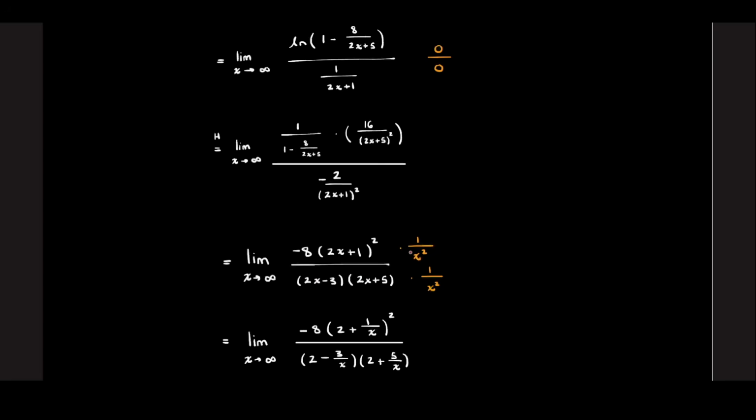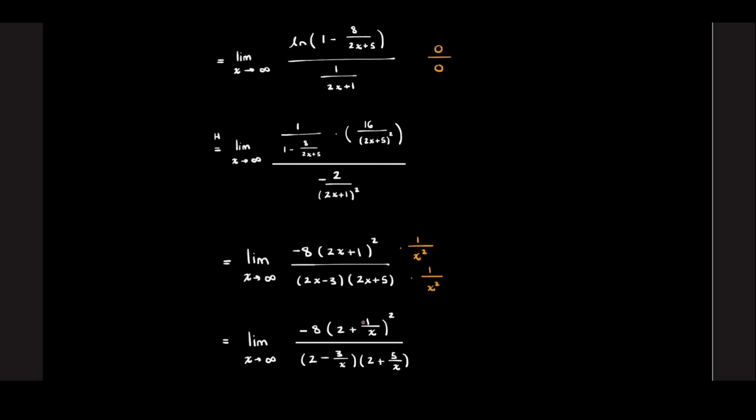And so for that reason, I am going to divide both the top, the numerator, and the denominator by this x squared term. And so what's going to happen is that we're going to get this x squared, but then you can just write that as divided by x, all of this squared, and then you can just cancel over here with x and over here with x, and you get this form.